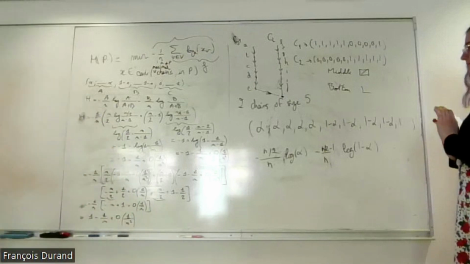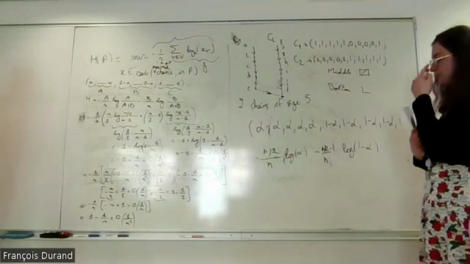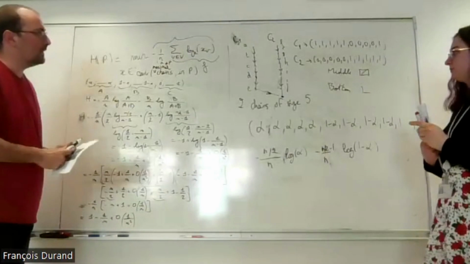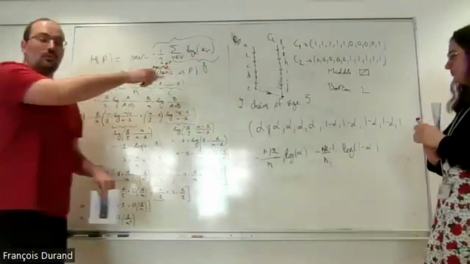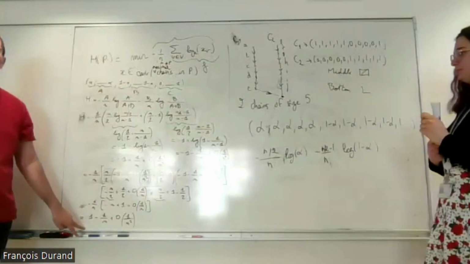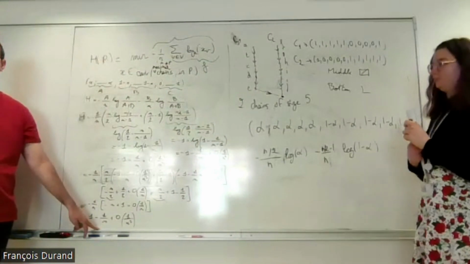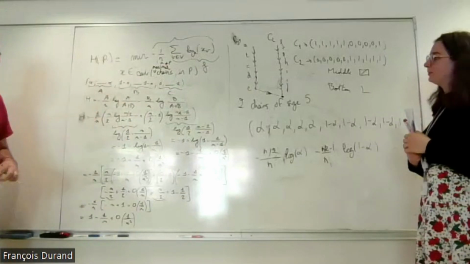So doing this, just as a reminder, the initial entropy was 1. And doing this, we have reduced the entropy by 1/n. That's what we did with the bottom comparison.